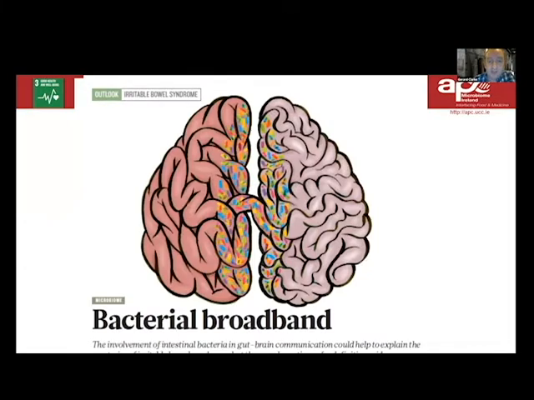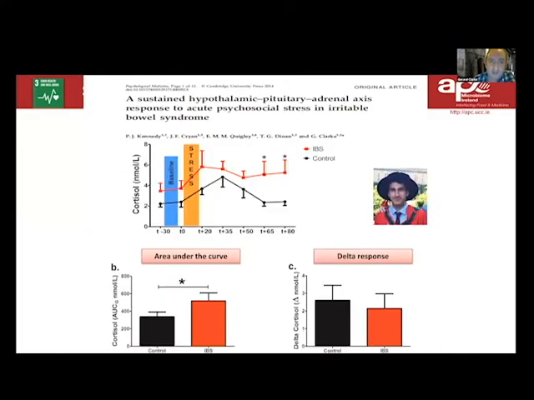Now, of course, if we think how this relates to neurogastroenterology and disorders of the gut-brain axis like irritable bowel syndrome, where there's thought to be a heavy role for the gut microbiome, we can think about some earlier studies that we've done in irritable bowel syndrome, looking at the acute stress response, whereby subjects with irritable bowel syndrome tend to have an exaggerated cortisol production during a stressor like this.